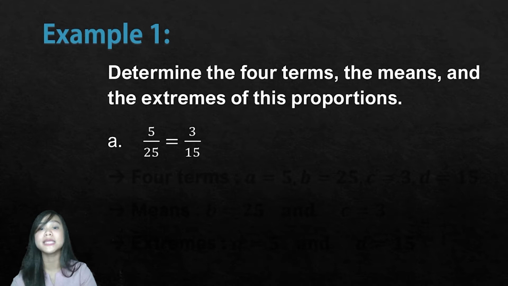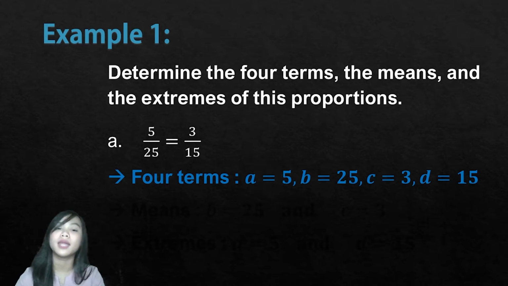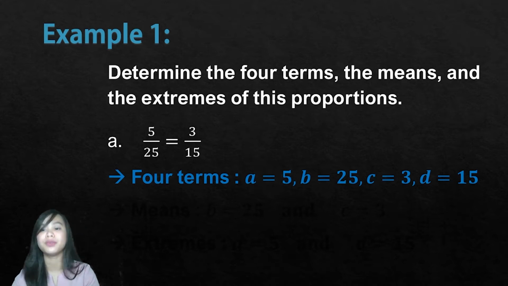What are the four terms? A equals 5 for our first term. B is our second term, which is 25. C equals 3. And D equals 15. So those are our four terms.